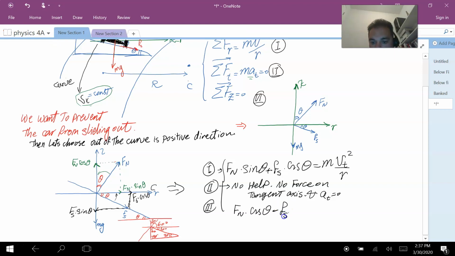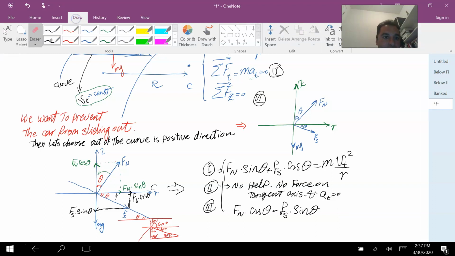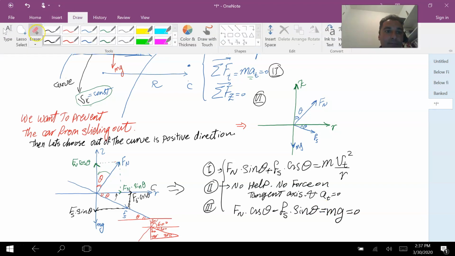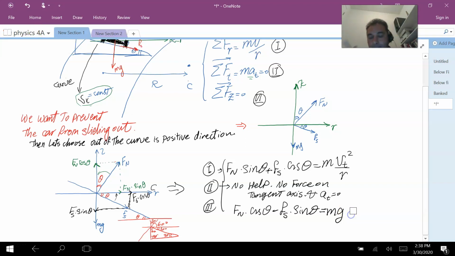Minus Fs sine theta, correct? Minus mg equals 0. So just for saving time, I can write this minus mg equals 0, correct? Then move this mg over. It is negative, will be positive. Okay, so far good.